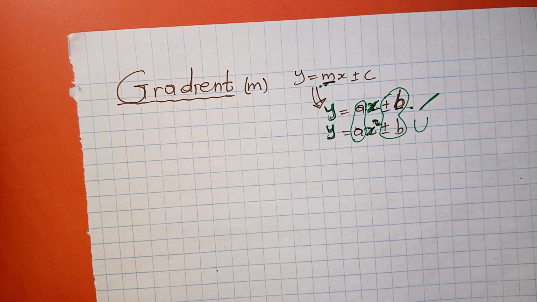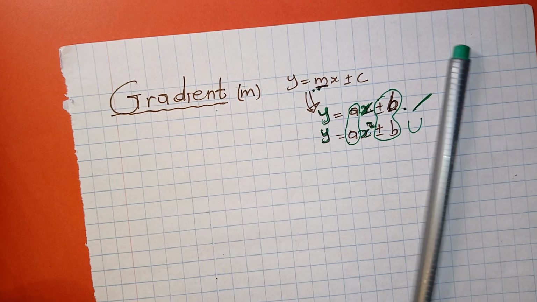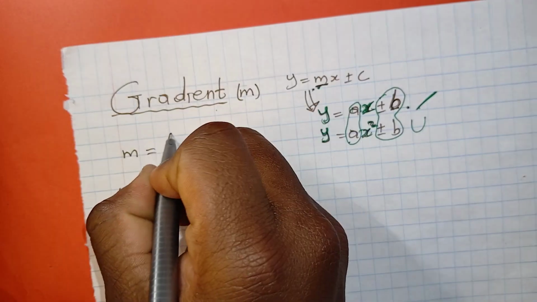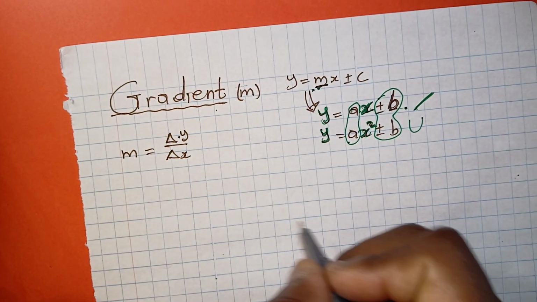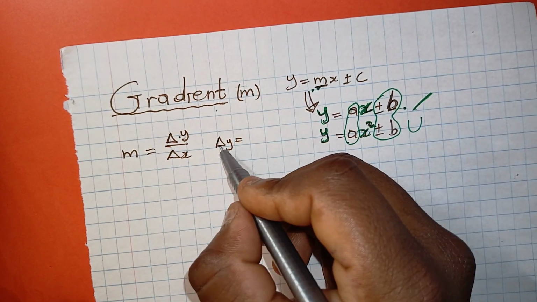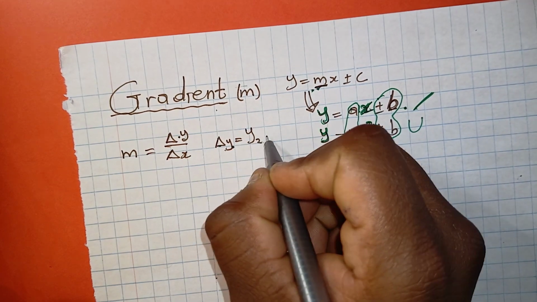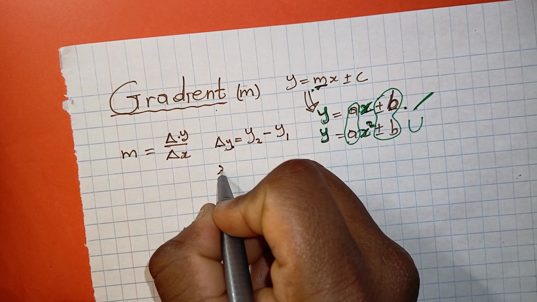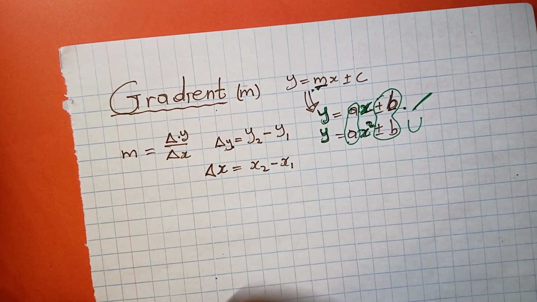So now when I'm talking about a gradient, it can be expressed as the change in y divided by the change in x. When I'm talking about a change, I'm talking about the difference in y values, which is y2 minus y1, and the difference in x values, which is x2 minus x1.